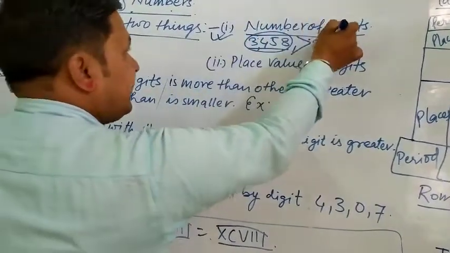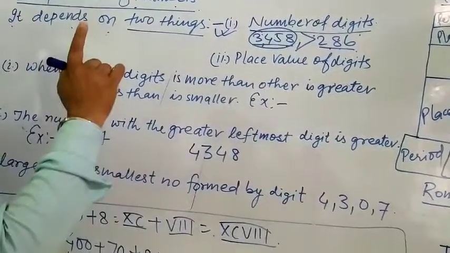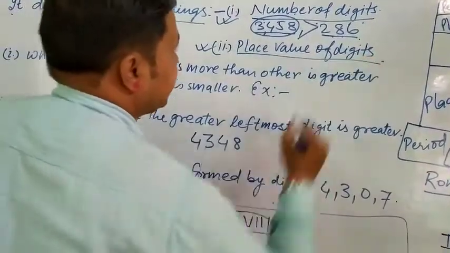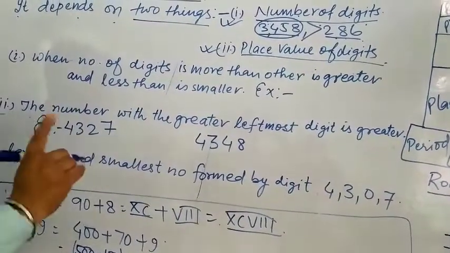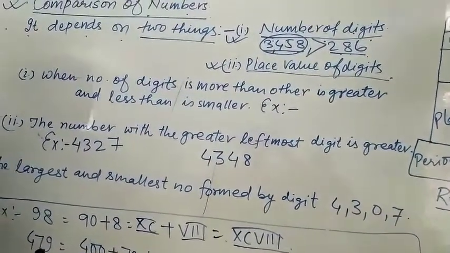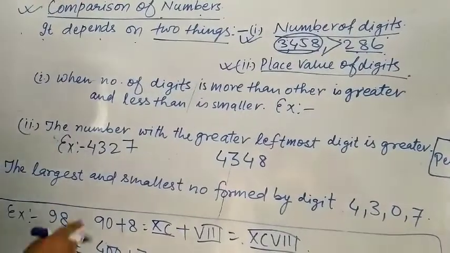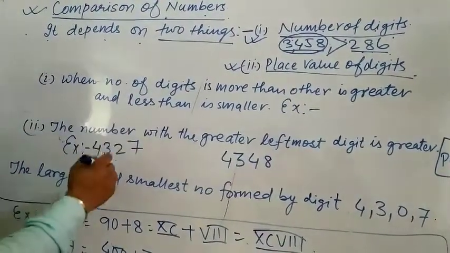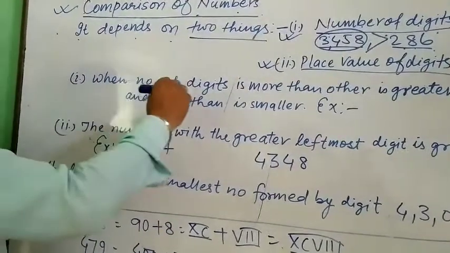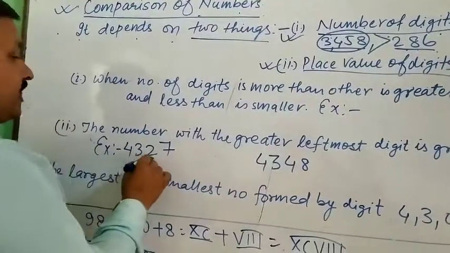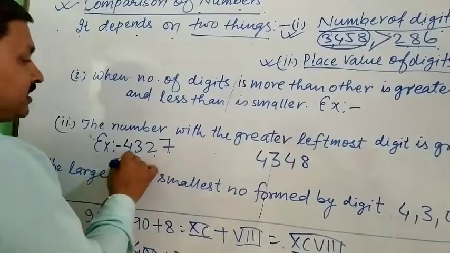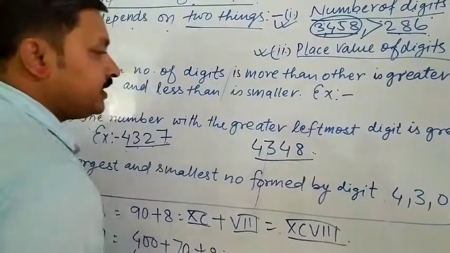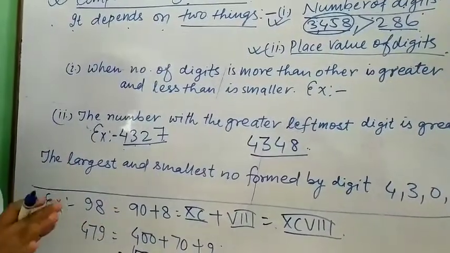So, number of digits is the first thing, and the second thing is the place value of the digits. That means, 4327 is a 4-digit number, and 4348 is another number.